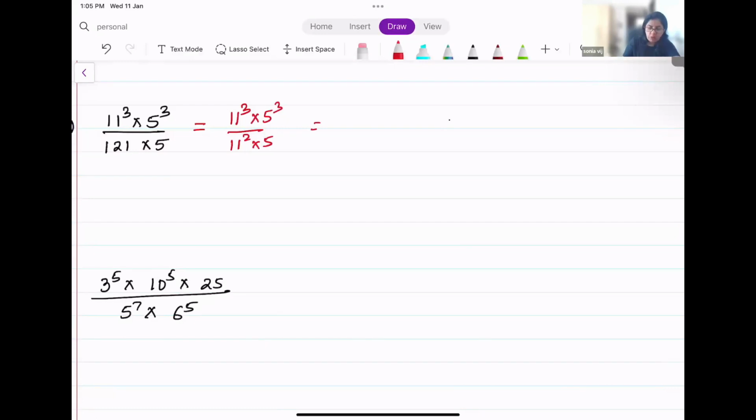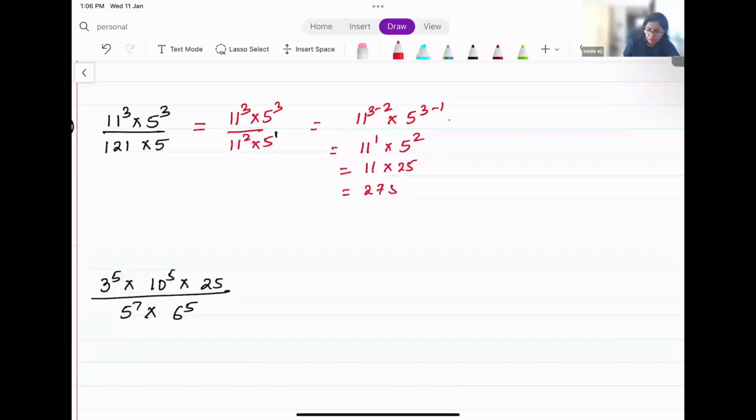Now I apply the laws of exponents, which becomes 11 to the power 3 minus 2 into 5 to the power 3 minus 1. Here there is nothing written, that means there is a 1 hidden here. So this becomes 11 to the power 1 into 5 to the power 2. That is 11 into 25. That is 275.